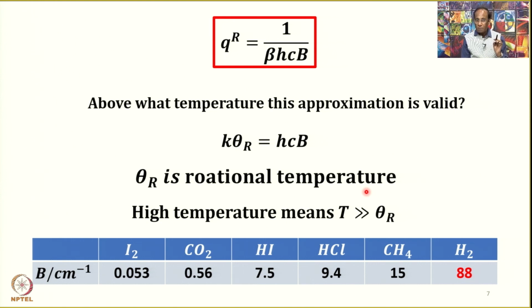High temperature means when the experimental temperature is much higher than the rotational temperature, right? High temperature means the actual temperature is much higher than the rotational temperature. So, when this approximation can be used depends upon what the rotational temperature is and what the experimental temperature is. More about this we will discuss in the next lecture.